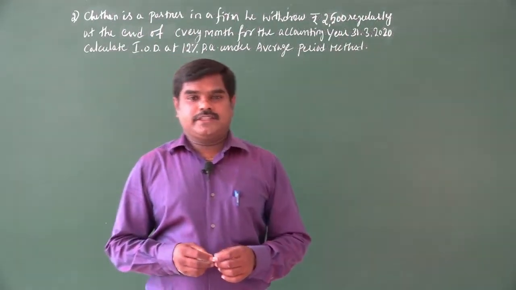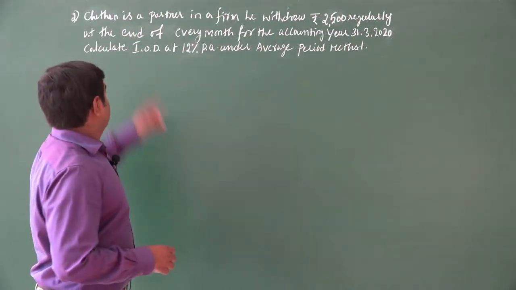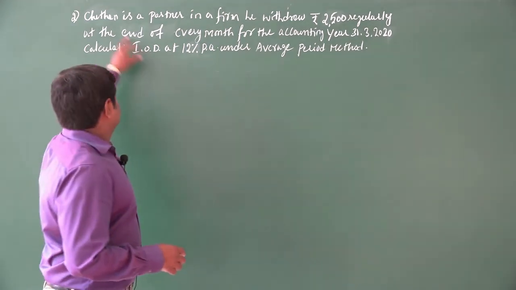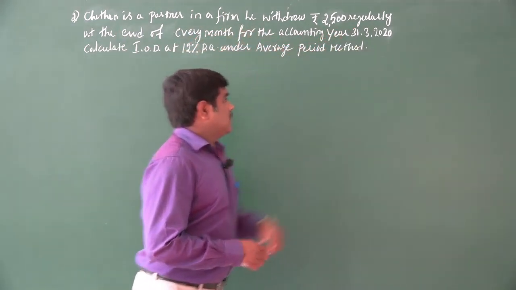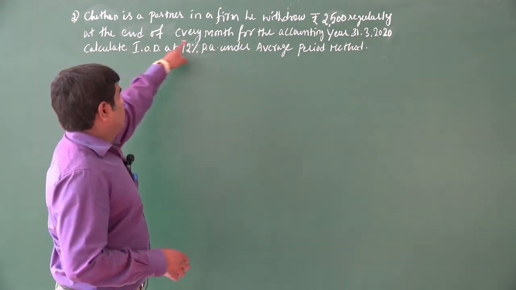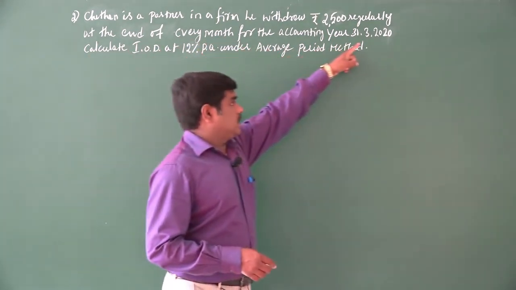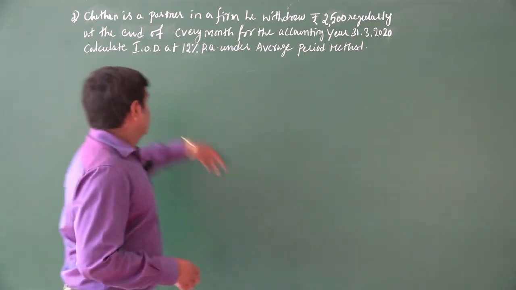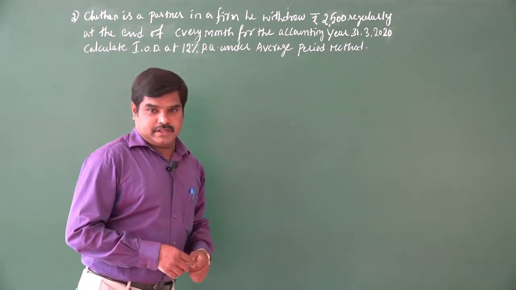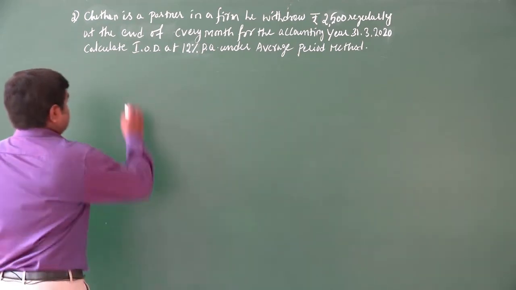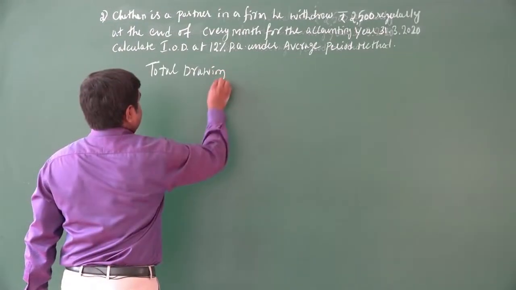Moving on to the next problem, problem number 2. Chetan is a partner in a firm. He withdrew rupees 2,500 regularly at the end of every month for the accounting year ending 31st March 2020. Calculate interest on drawing at 12% per annum under the average period method. So first, what you have to do?